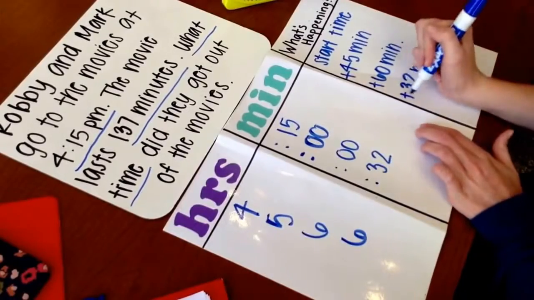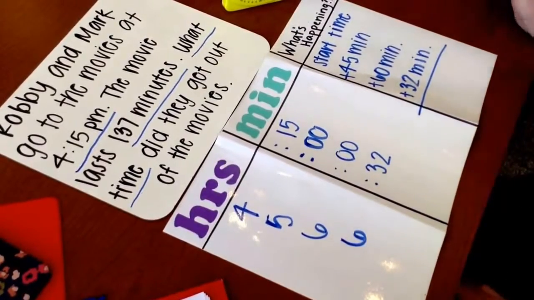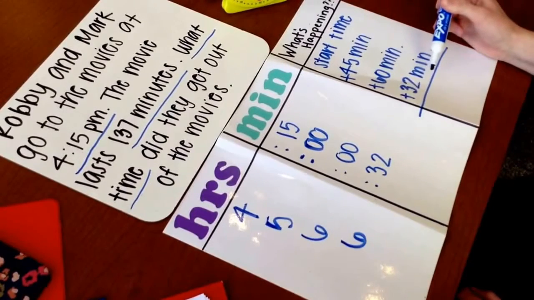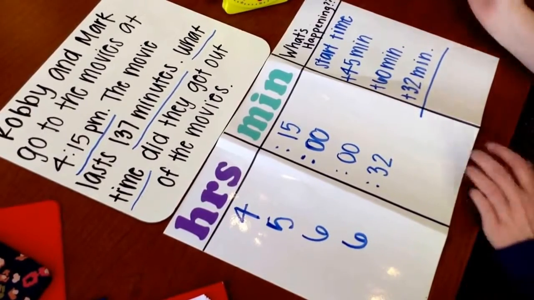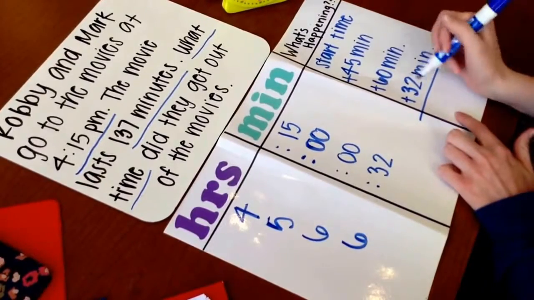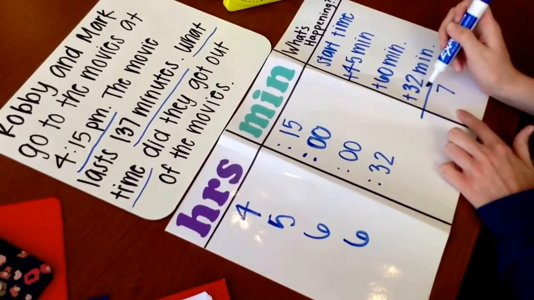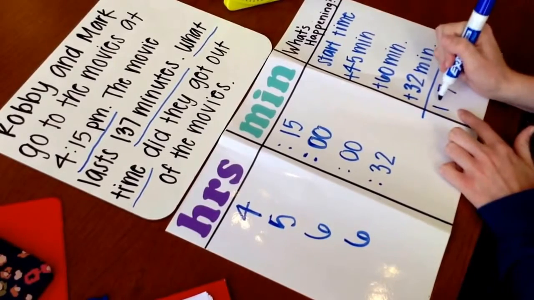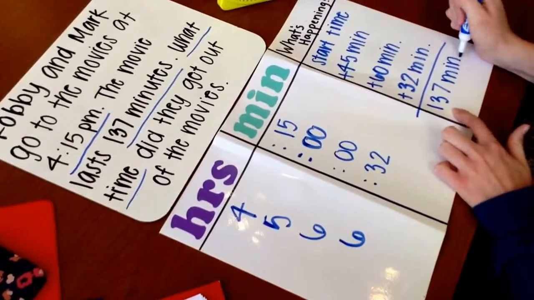And to double check, we're going to add all these minutes together. Now remember, this is not going to be base 60 because we are trying to find the total number of minutes. So I'm going to add, this is 7, 10, 13. 137 minutes.